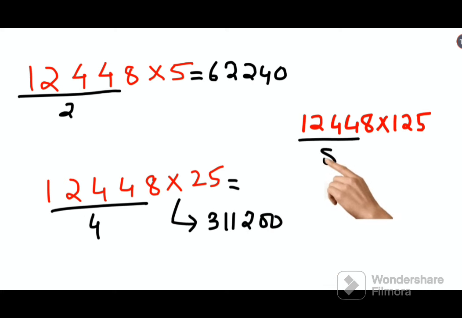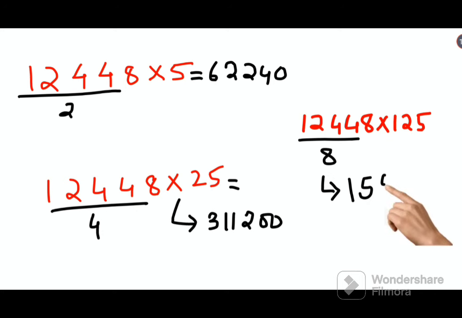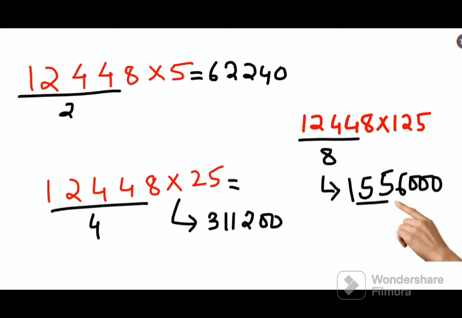You divide this by 8, and your answer will now become 14546, and then you add 3 zeros. You saw how easily you could do this.